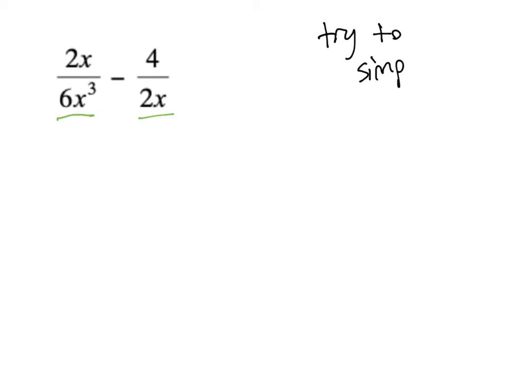Whenever we're dealing with fractions, we can simplify a fraction by dividing by a common factor in the numerator and denominator. So I notice right off the bat here that we've got a common factor of 4 and 2 in the numerator and denominator of this fraction.